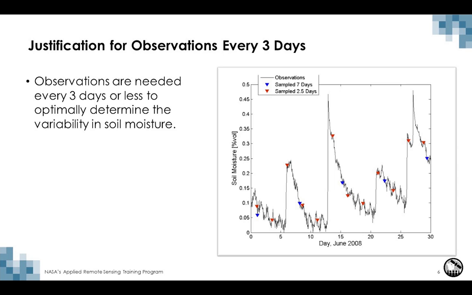The blue inverted triangles are soil moisture sampled every 7 days, and the red inverted triangles are soil moisture sampled every 2.5 days. And you can see that sampling every 7 days misses those wetting and drying events, while sampling every 2.5 days captures those events much better.